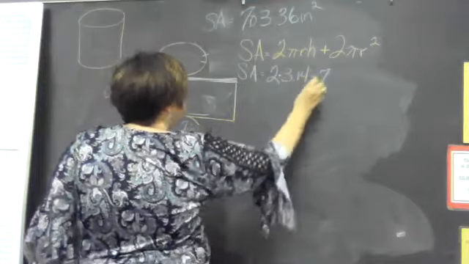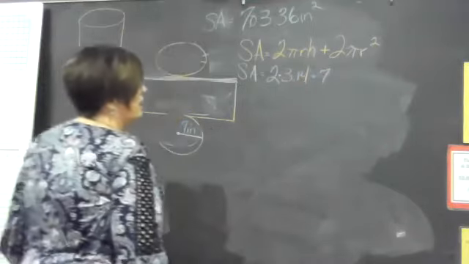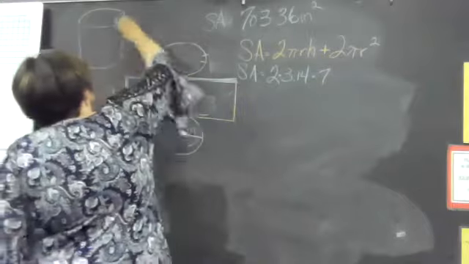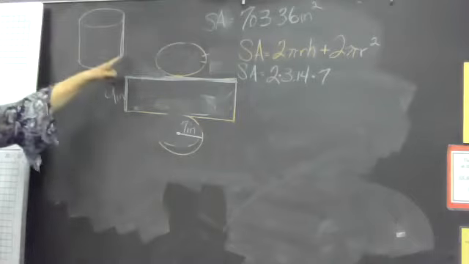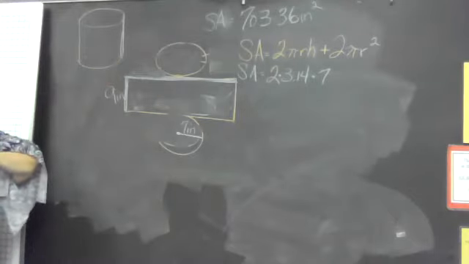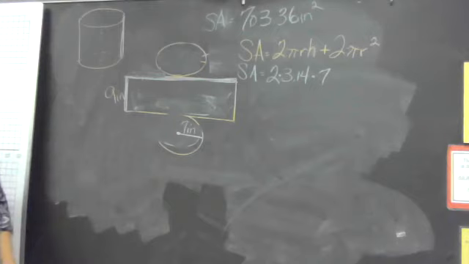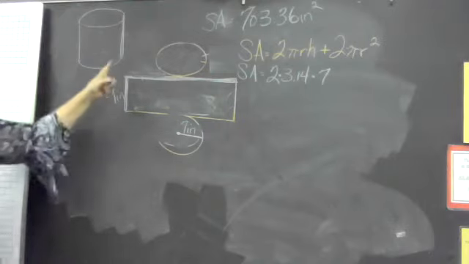So now I have surface area equals 2 times 3.14, they told us to use 3.14, our radius is 7. What's the height of the cylinder, this part? If you put the net back together, what's the height?